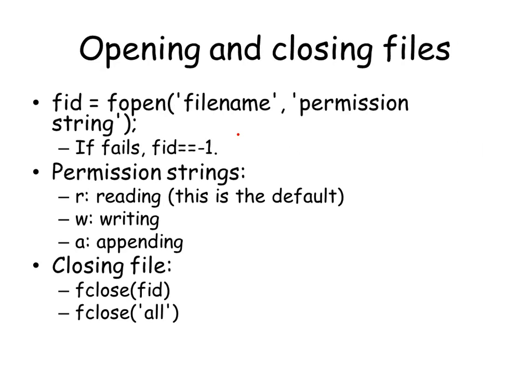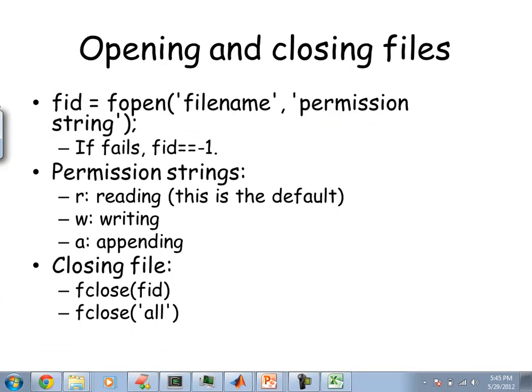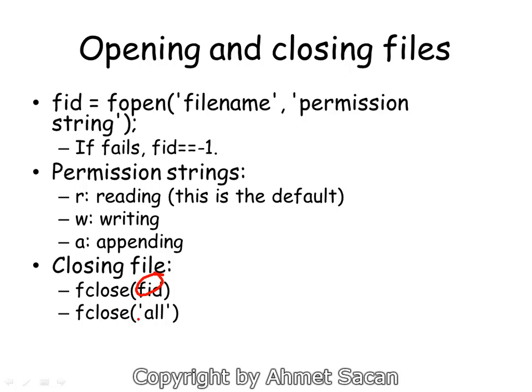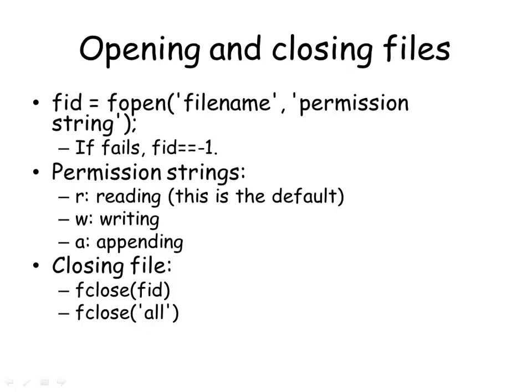So the fopen function will take a permission string. R stands for reading, W stands for writing, and A stands for appending. Closing the file, you would provide the identifier of the file and close it. If you say close all, it will close all the open files in your Matlab window.